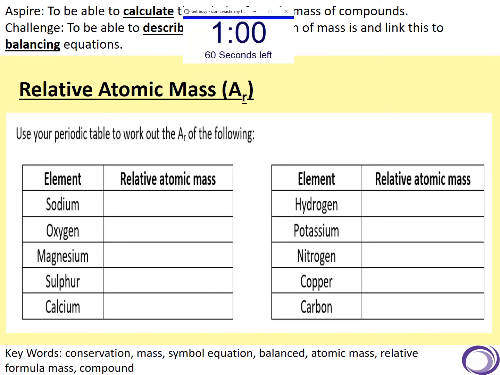So again, using your periodic table and just a bit of practice, I'm going to give you a minute to look up and write down the atomic masses of each of these elements. So just write down the name of the element and next to it pop down its relative atomic mass.